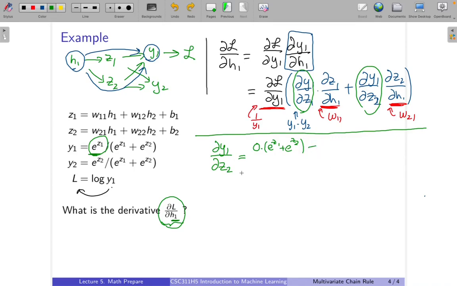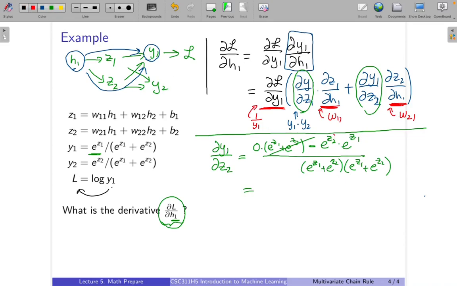Now we've got the other term, which is the derivative of the denominator. That's going to be e to the z2 times the numerator, e to the z1, divided by the denominator squared. Right away, I'm just going to write out the denominator squared twice rather than using the square term, because the other term just disappears.